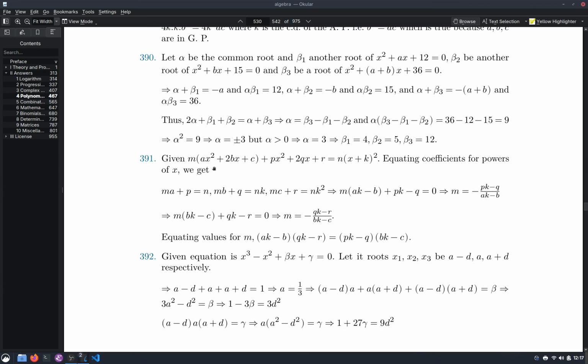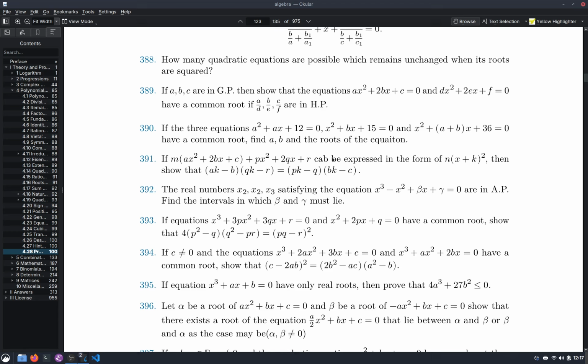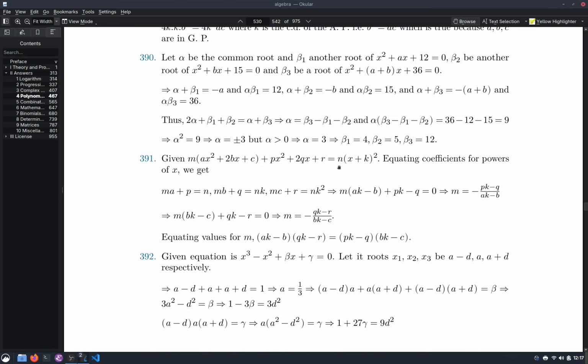So what we do is we let the given expression be equal to n into x plus k whole square. Now we compare the coefficients. Here we multiply m into x square and add with px square, we get ma plus p, which will be equal to n.